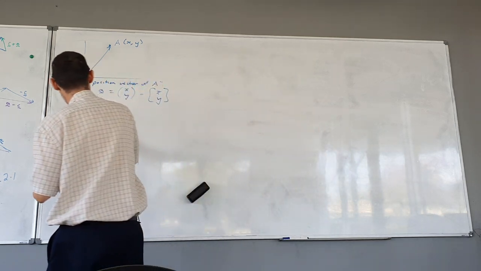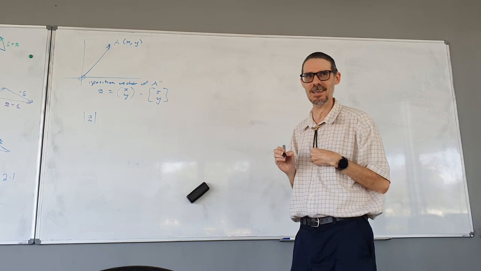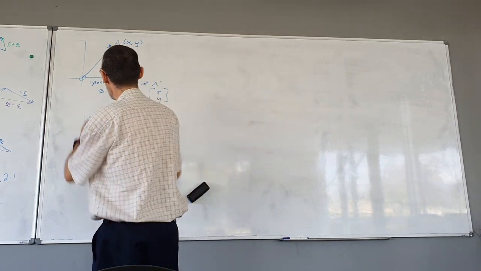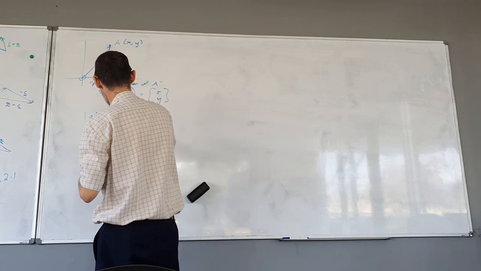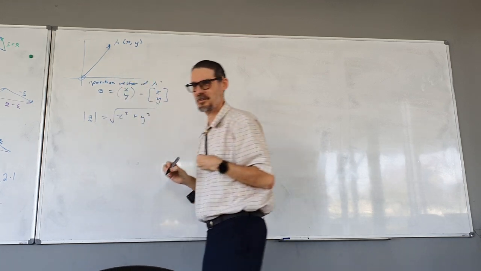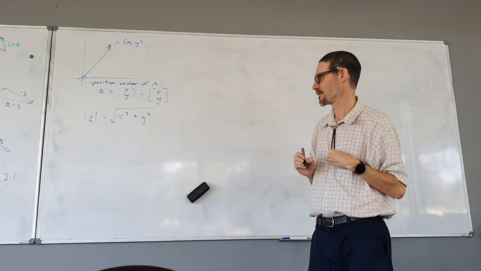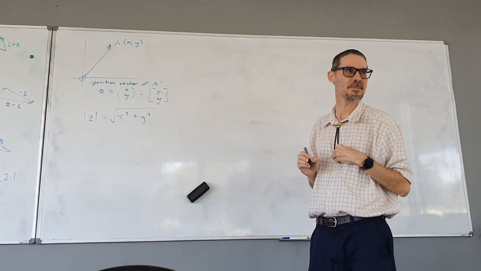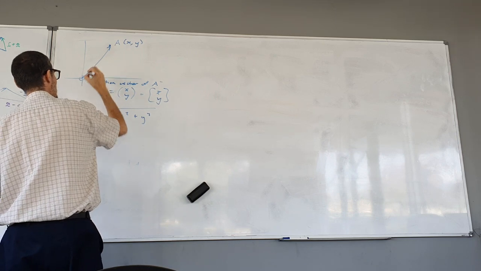If I want to know the length of A, or the magnitude of A, how do I find the length of this line? Pythagoras, right? x squared plus y squared, and get the square root. And that's the rule that's up there. How do I find this angle to get the direction?